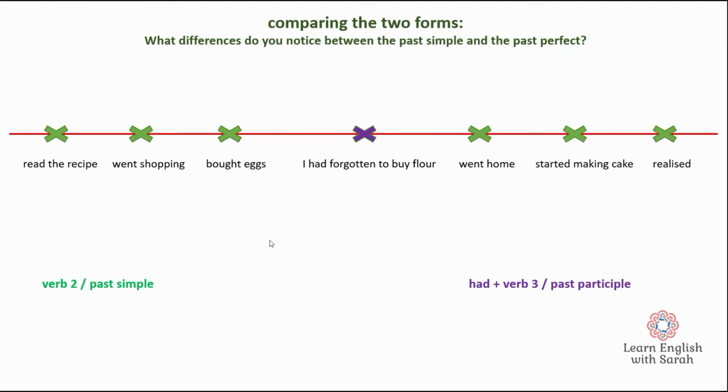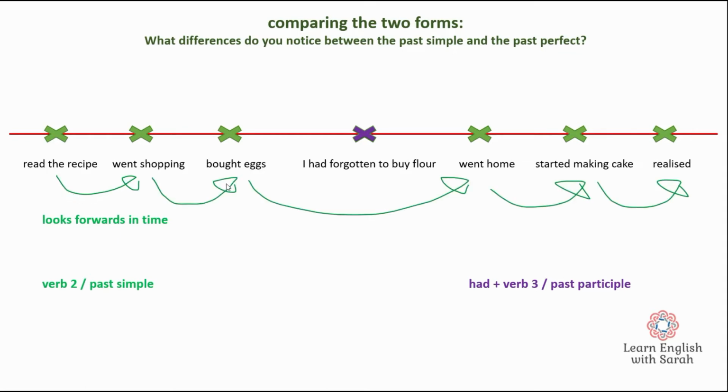There are some other really important differences though. The first difference is that the past simple looks forwards in time. So basically we are moving from the past towards the present, effectively. We go from early to recent.